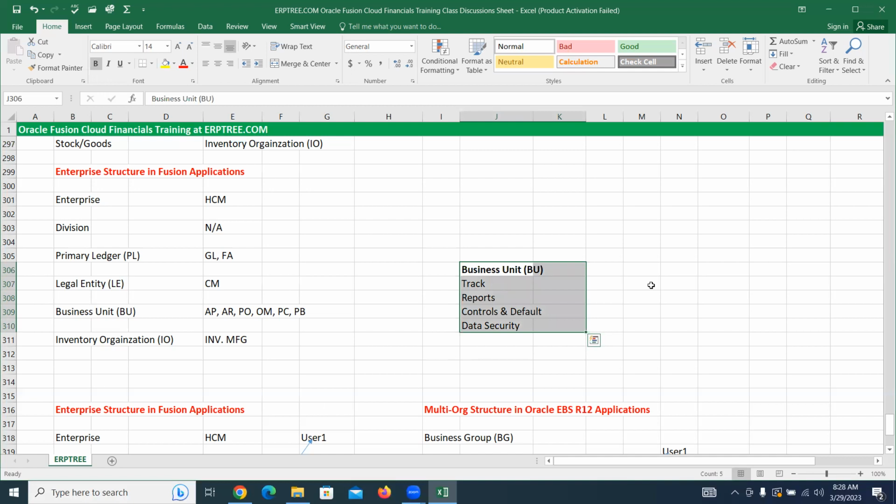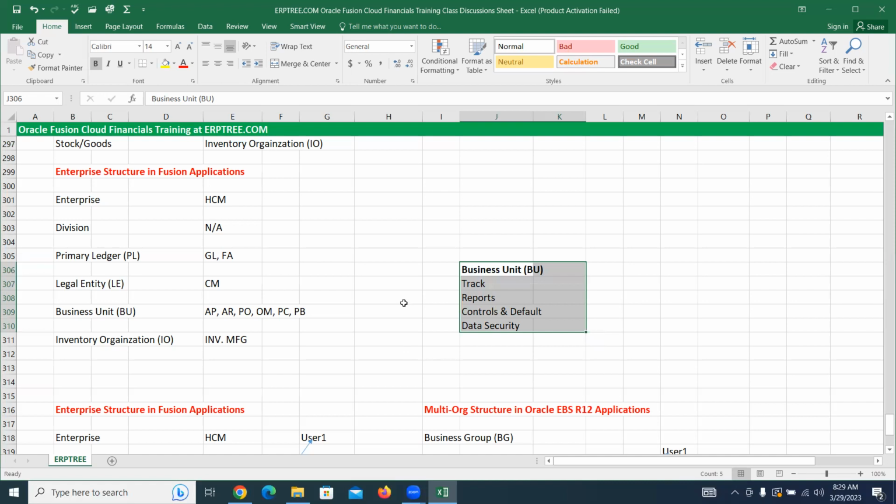Even in 2 businesses you can use 1 business unit, but many things you cannot maintain properly. It will become a challenge. That is not the right practice also.